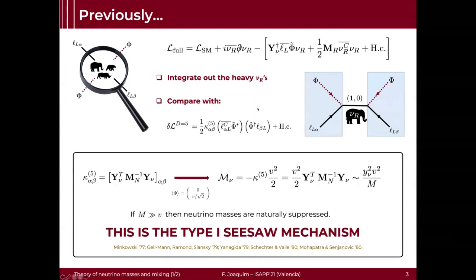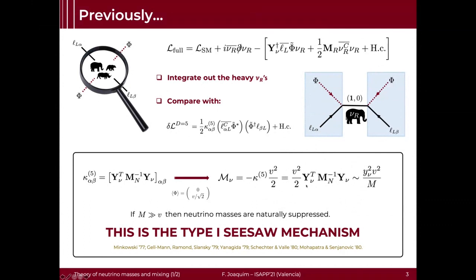We have seen the case of the fermion singlets. We defined the Lagrangian, then we integrated out the heavy degrees of freedom using the equations of motion. Then we compared with the general structure of the operator, and we concluded that the effective neutrino mass matrix is just given by this famous formula here.